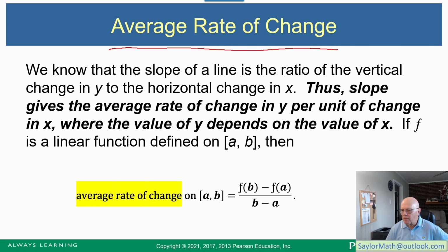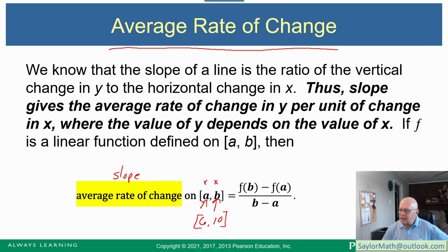You're going from an x of this value to an x of this value. And what you want to do is find the rate of change, also known as slope, when you're going from A to B. Those are x values. Like going from 6 to 10, for example.